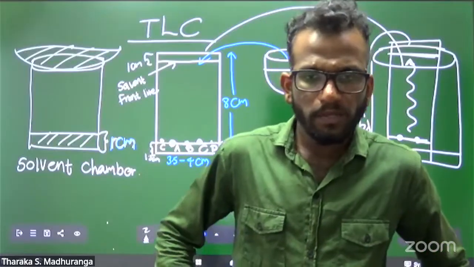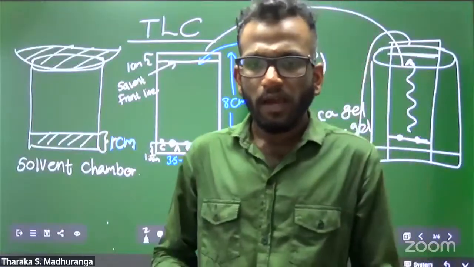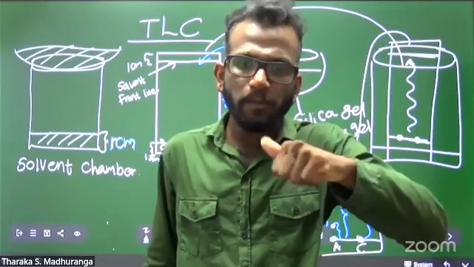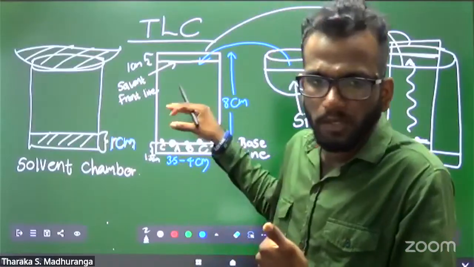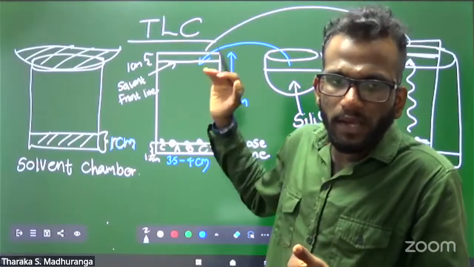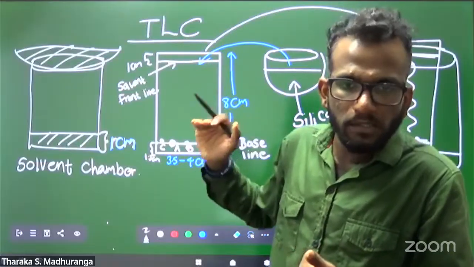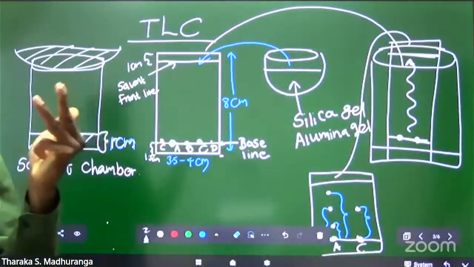Okay, can you send me what factors you need to consider? Okay, I will explain. One factor is dimensions. The baseline is 1.5 centimeter above the bottom end. The solvent front line is 1 centimeter below the top edge. That's one factor. Can you explain another three factors?